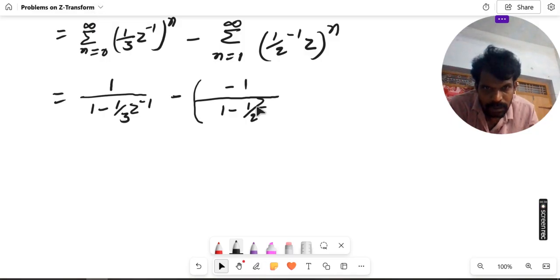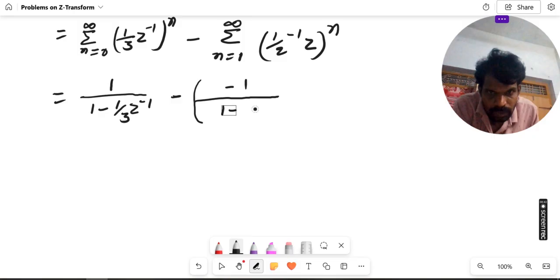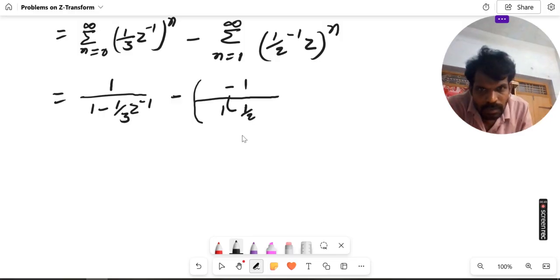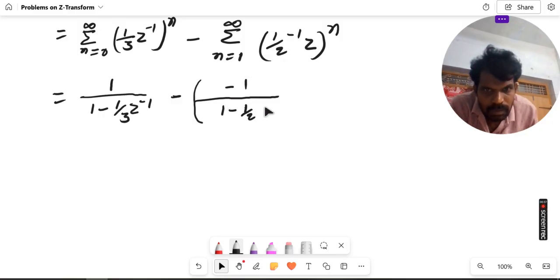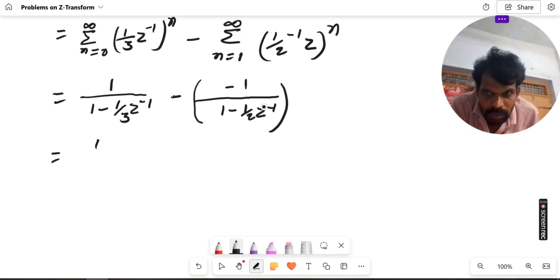So we can write it as 1 by 1 minus 1 by 3 z inverse plus 1 by 1 minus 1 by 2 z inverse.